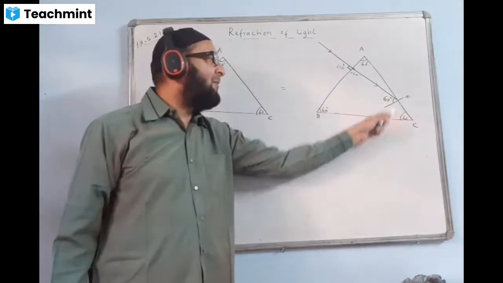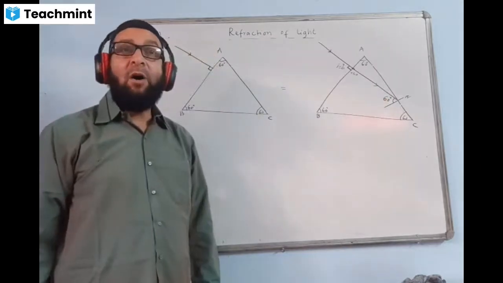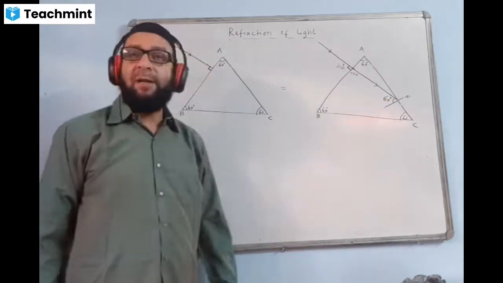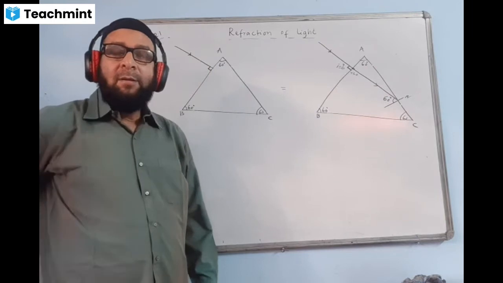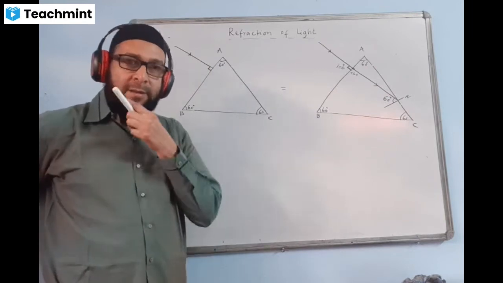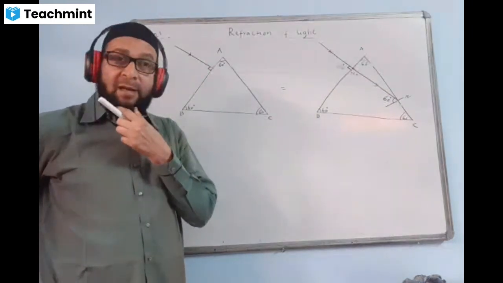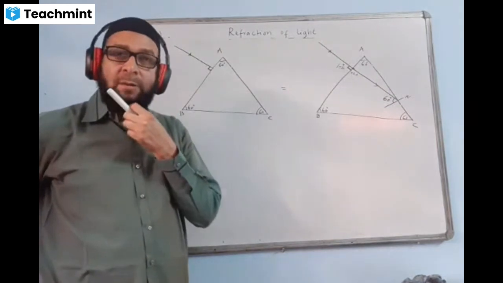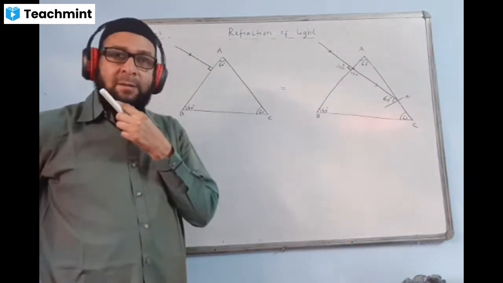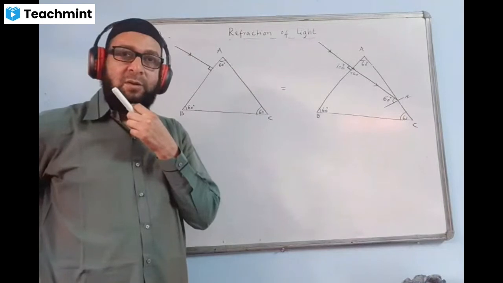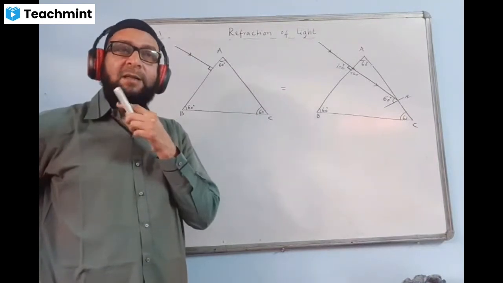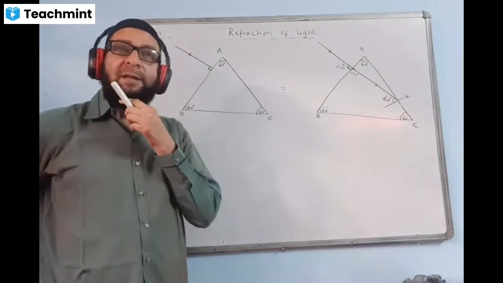Now this ray will be turning and making how much angle with this side BC? Check out and tell me. The angle of incidence is 0. Yeah, 90 degree. Yes, it is going to make a 90 degree angle with the side.